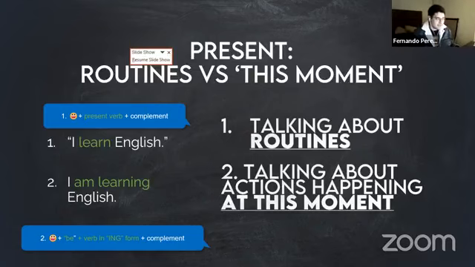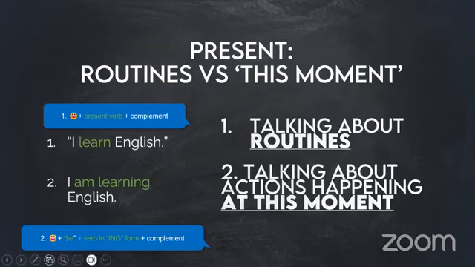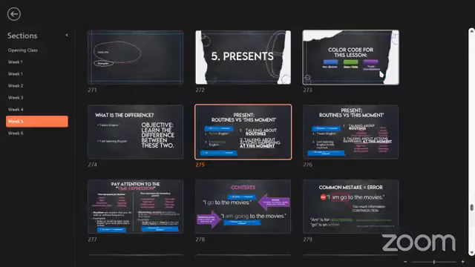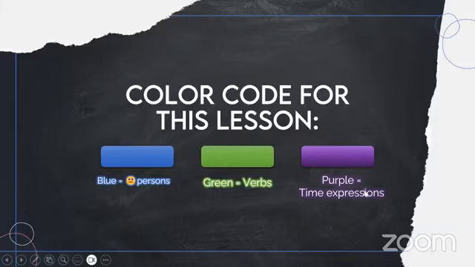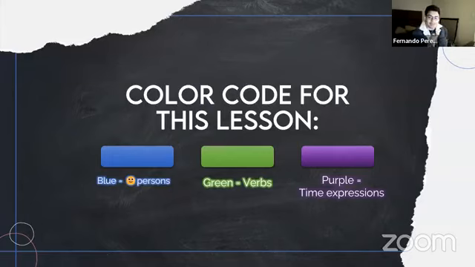Green is for verbs, exactly. Time expressions will be expressed in color purple. Verbs are going to be expressed in color green. And persons and objects are going to be expressed in color blue. The most important part here is green and purple.